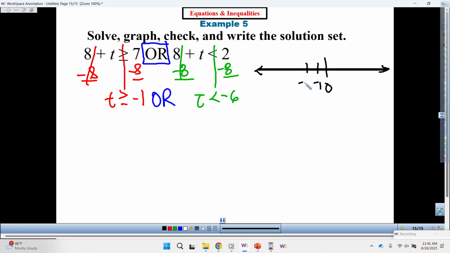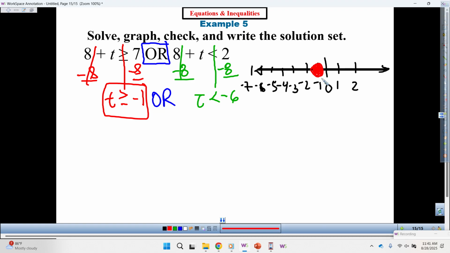0, negative 1, negative 2, negative 3, negative 4, negative 5, negative 6, negative 7, 1, 2. Okay, so let's start graphing this one. Our dividing point is negative 1. I start with an open point, but since it has an equal sign, we fill it.